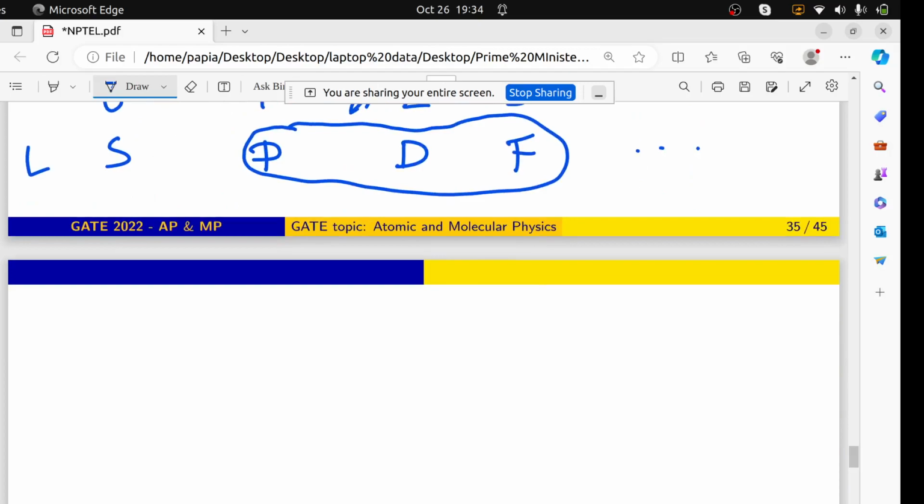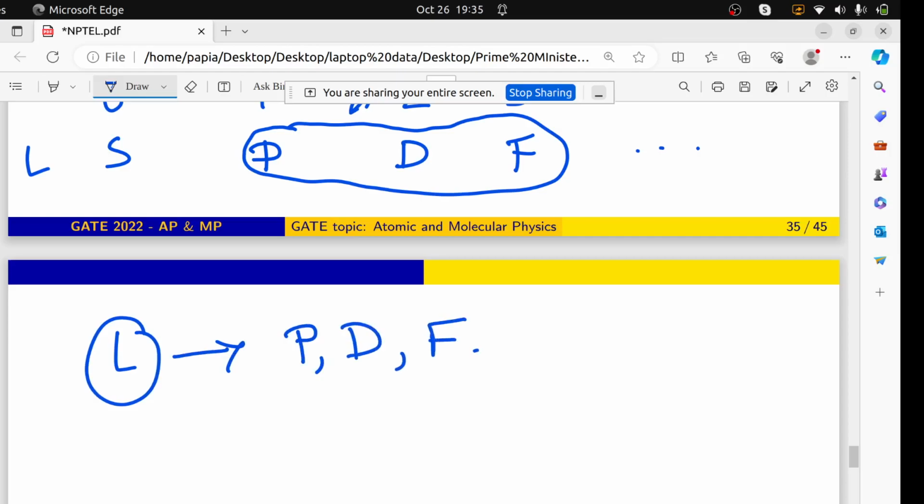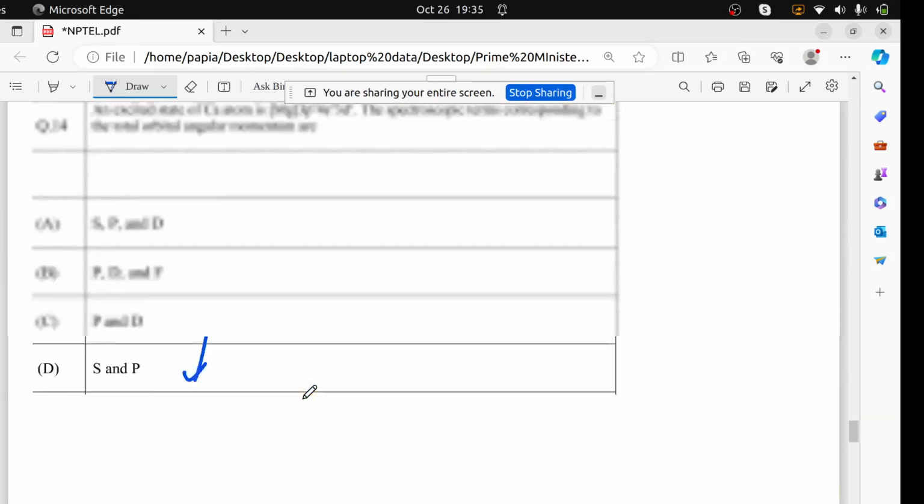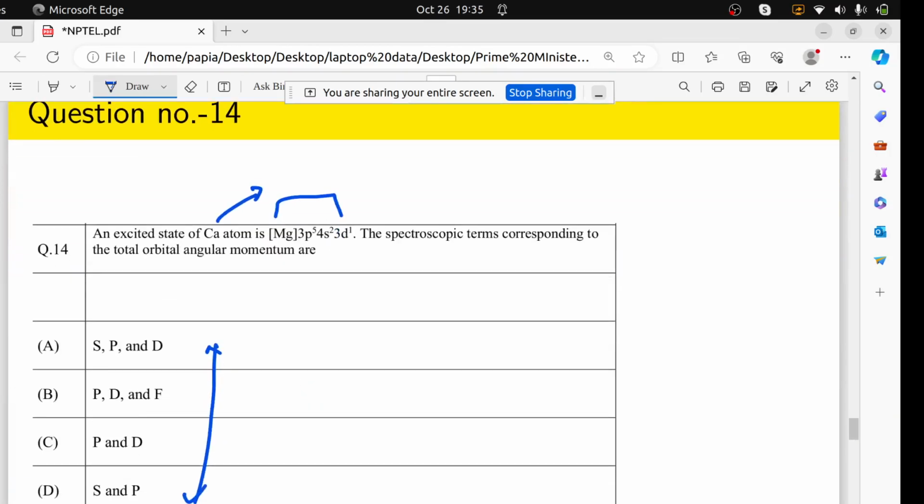So the answer in that question, L has the spectroscopic notation as P, D and F. Now you can see which one is the correct one. P, D and F. These 3 are the spectroscopic terms corresponding to the total orbital angular momentum of the excited state of the calcium atom, which is Mg 3p5 4s2 3d1.